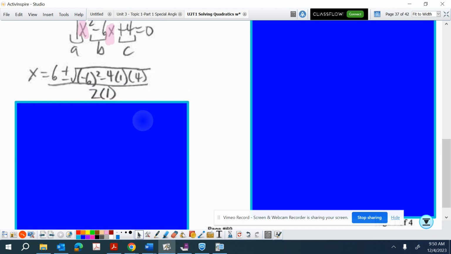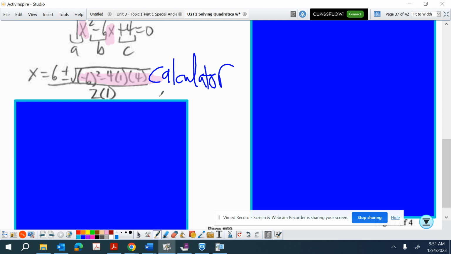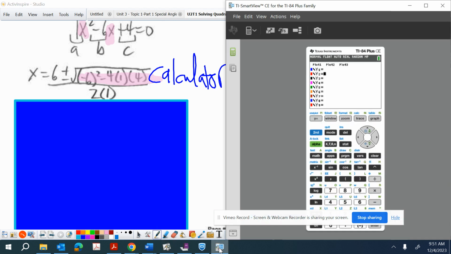Notice I used all of my parentheses, and as I've told you before, to simplify this part, use your calculator, but do not include the radical. For example, I'll call up the calculator now, and I'll make sure that I'm not in y equals because I'm not putting in an equation.